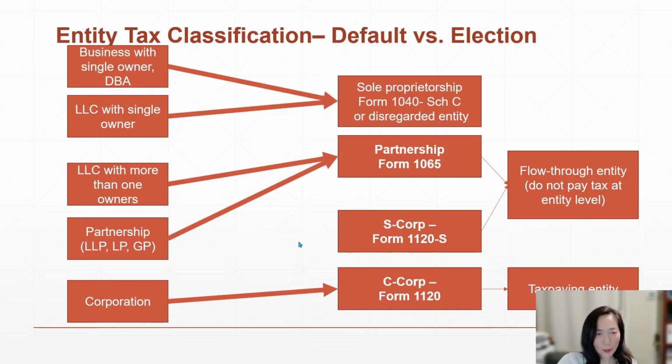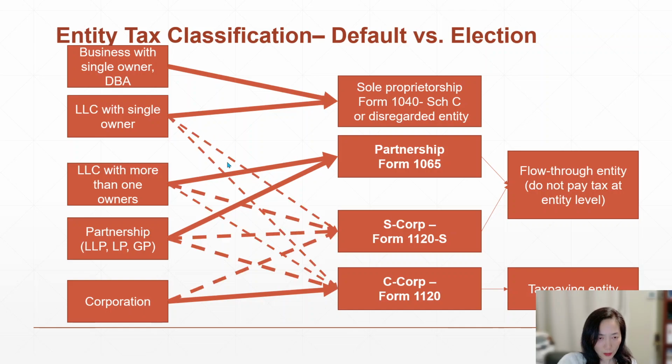And next, we're going to move on to the election, right? So this is saying, okay, if the LLC with a single owner, they also have the option to be treated as either S corp or C corp, which is very unusual, but it can be done. The LLC with more than one owner can be treated as S corp or C corp, and a partnership can also be treated as S corp or C corp, and the corporation can be treated as S corp. Again, from this chart, you can see there is some overlap between the legal classification and tax classification.